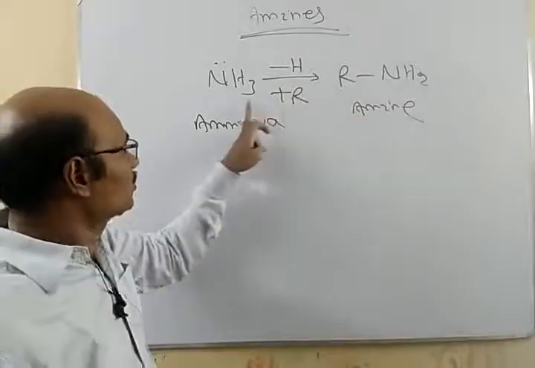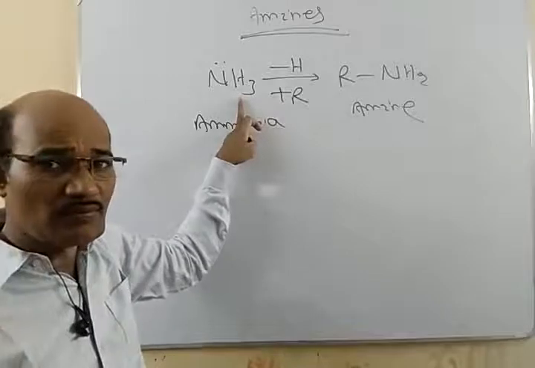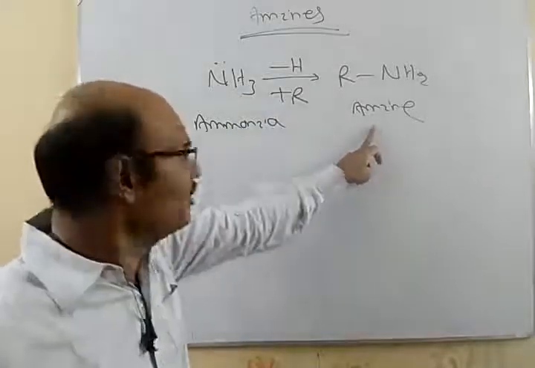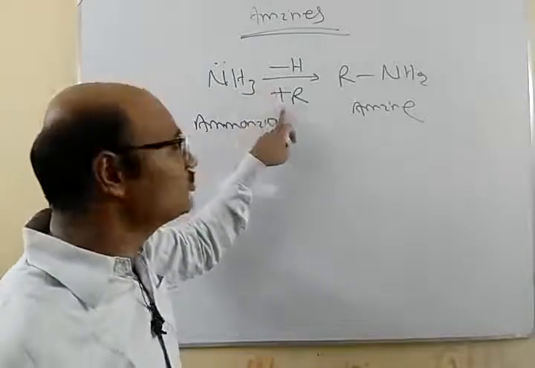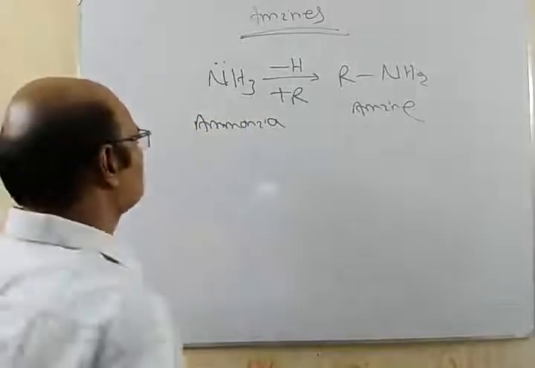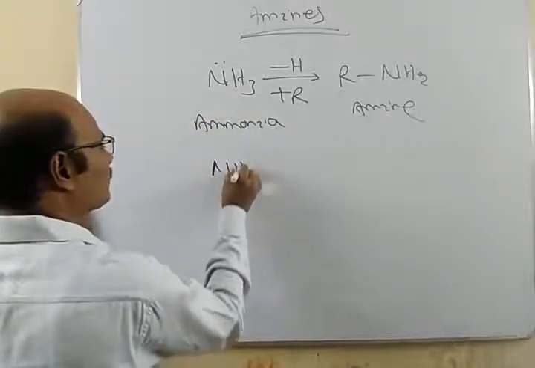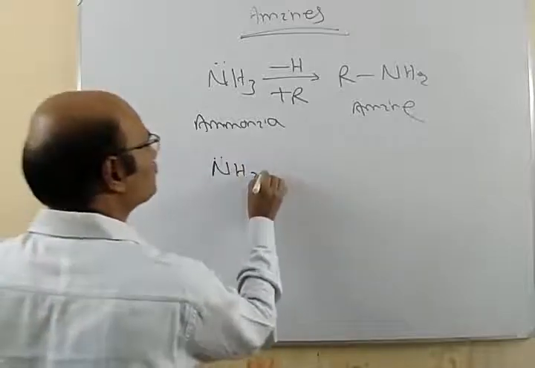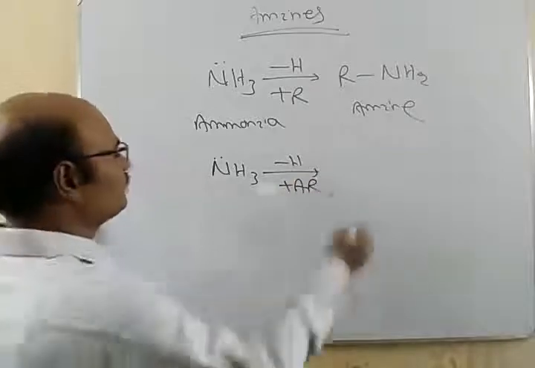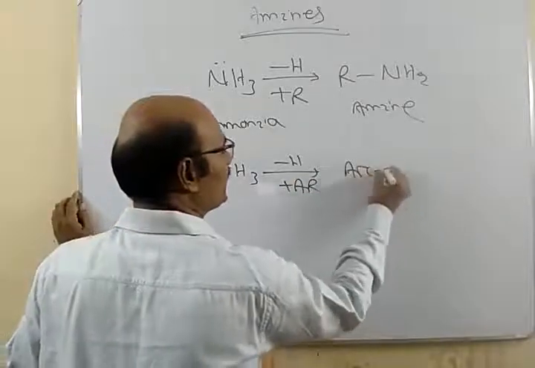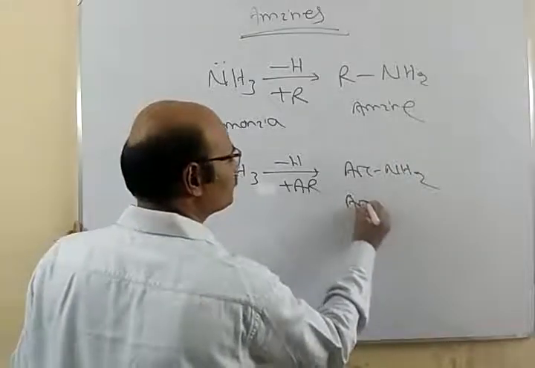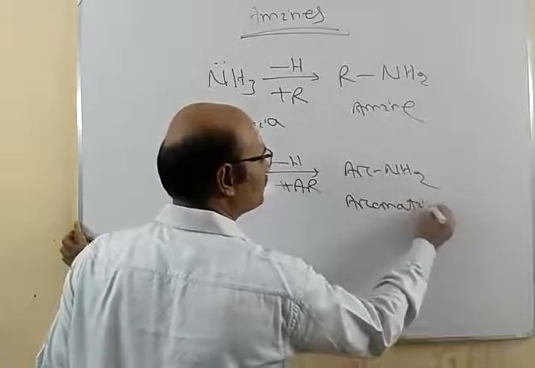When one or more hydrogens of ammonia are replaced by alkyl groups, we get amines. Here I have replaced only one H, but I can also replace more than one H from ammonia. Similarly, if I take NH3, remove H and add Ar, I will get ArNH2, an aromatic amine.